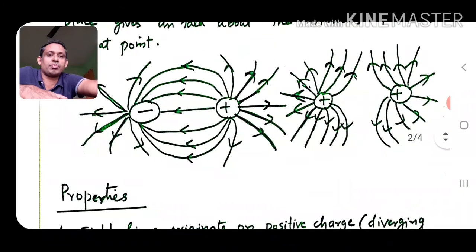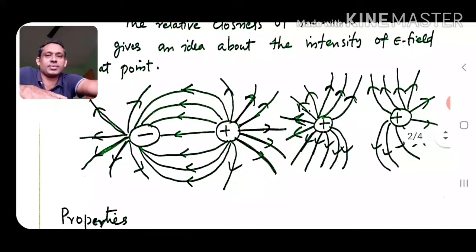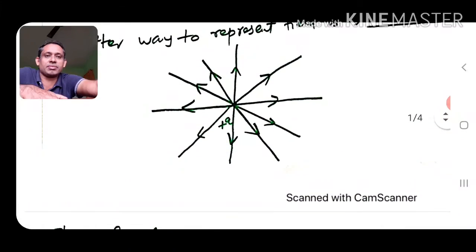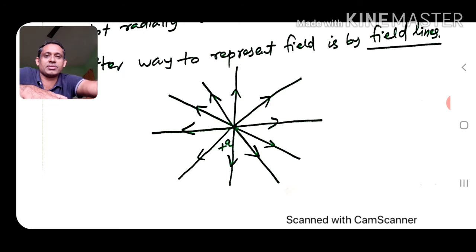So what are the properties? You would have also seen this in your +2 classes. So this is when we have two charges, positive and negative, and this is when we have two positive charges, two like charges, and for a single charge, these are the electric field lines. This is for a positive charge.